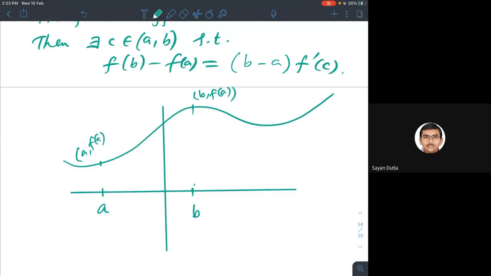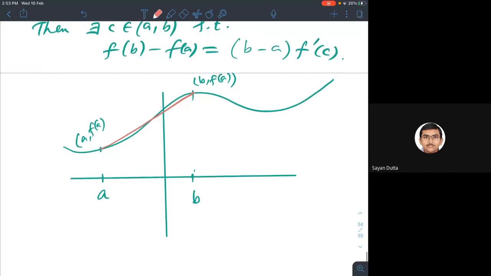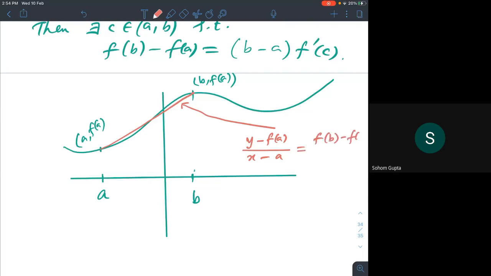What is the line joining these two? What is this line? Can you tell me? The equation of this line? So (y minus f(a)) by (x minus a) equals (f(b) minus f(a)) by (b minus a), right?